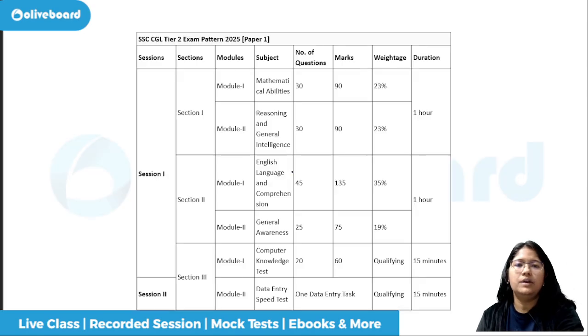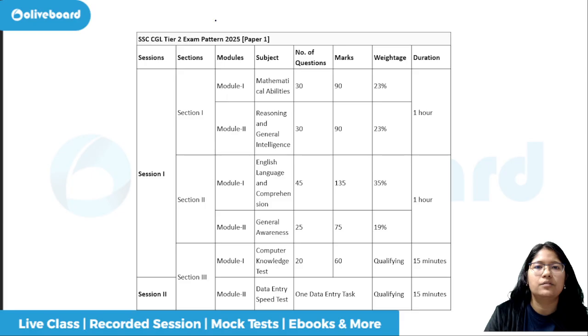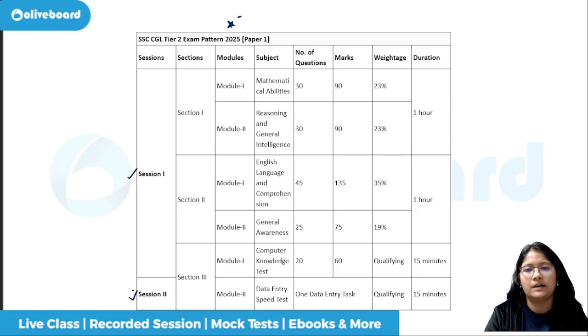And if we see the breakdown for paper 1, then here there are two sections, section 1 and section 2. Section 2 is the data entry and the speed test. So data entry, speed test, we are not going to discuss any further beyond this point. We are going to focus on section 1, which consists of three sections: module 1 and module 2, which is your maths and reasoning in section 1.